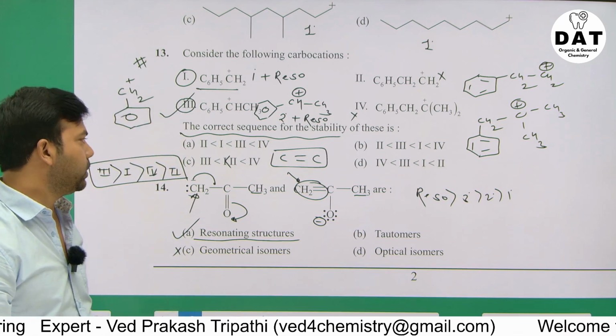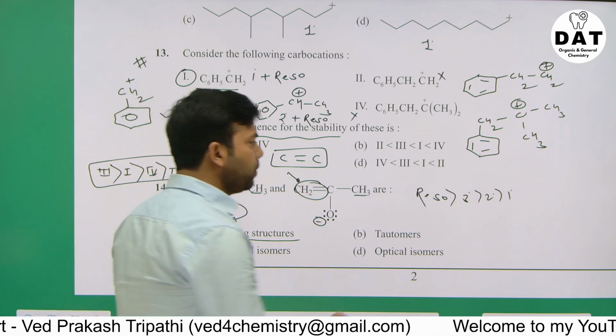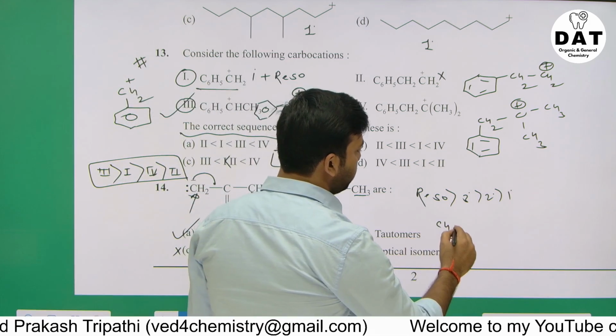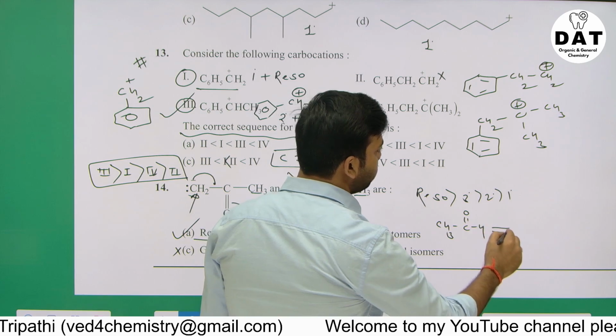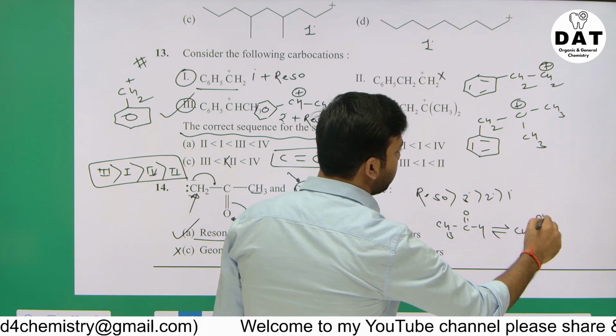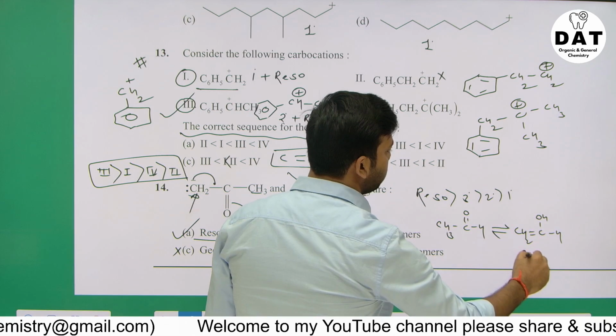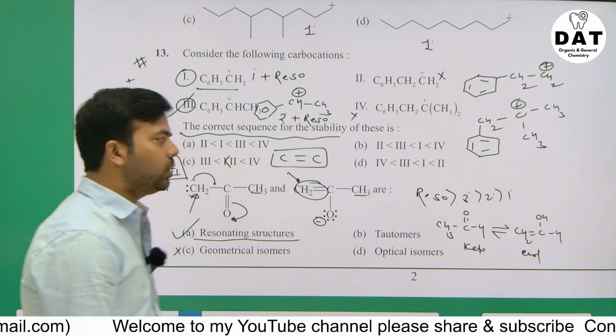Tautomer is something like keto form to enol form. What is keto and enol? Look at this compound, CH3CHO, and look at this one, CH2 double bond C, here OH and here H. This is enol, this is keto form. So keto and enols are the tautomers.